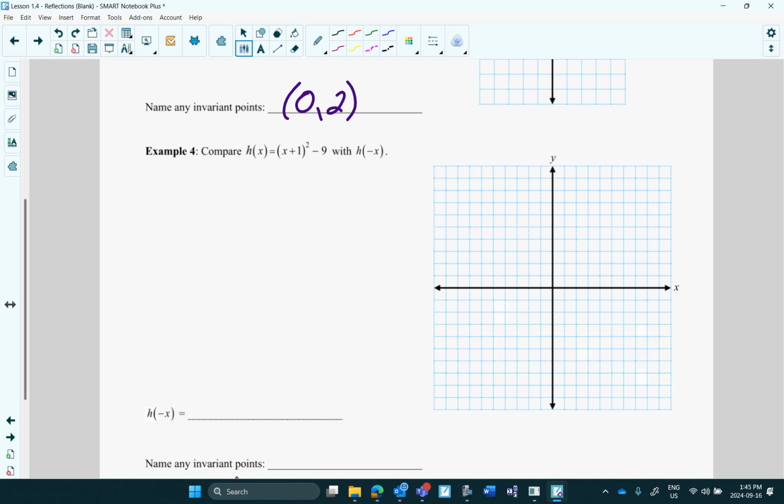Well, we should remember how to graph this. This is taking a parabola from a vertex of 0, 0 and going where with it? 1 to the left and 9 down. So we normally start here, we go 1 to the left, 2, 3, 4, 5, 6, 7, 8, down here.